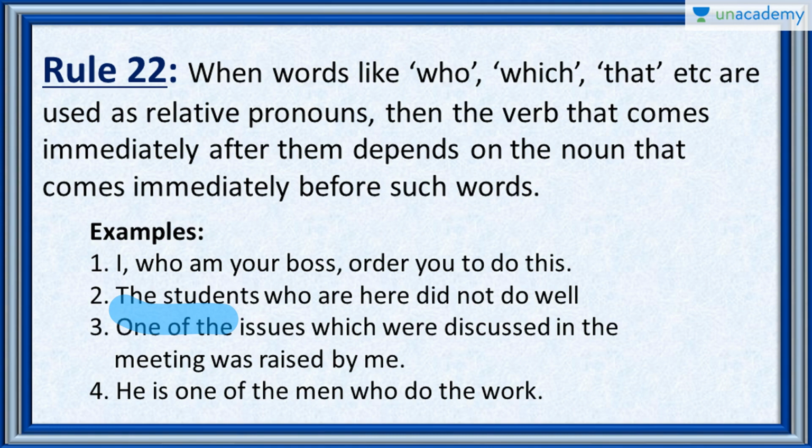So the actual subject in this case is one of the issues, a singular issue. This part has were because we have used a relative pronoun, but the actual subject is one of them. The emphasis actually here is on one of the, therefore the verb or the helping verb used in the end of the sentence should be was.